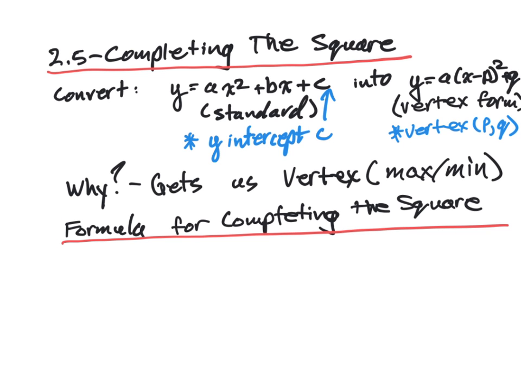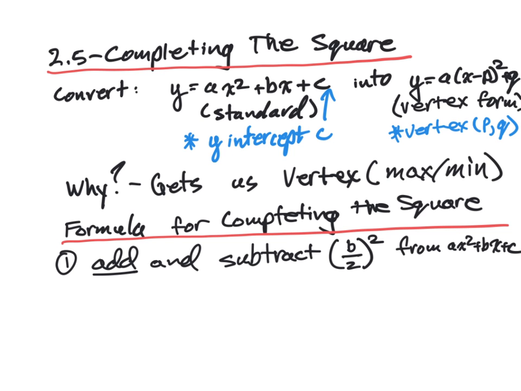The first thing that you have to do is add and subtract this quantity, b over 2 squared, from this basic equation, right? So anytime you see that y is equal to ax squared plus bx plus c, we got to do it. Then the next thing that we have to do is factor the first three terms.